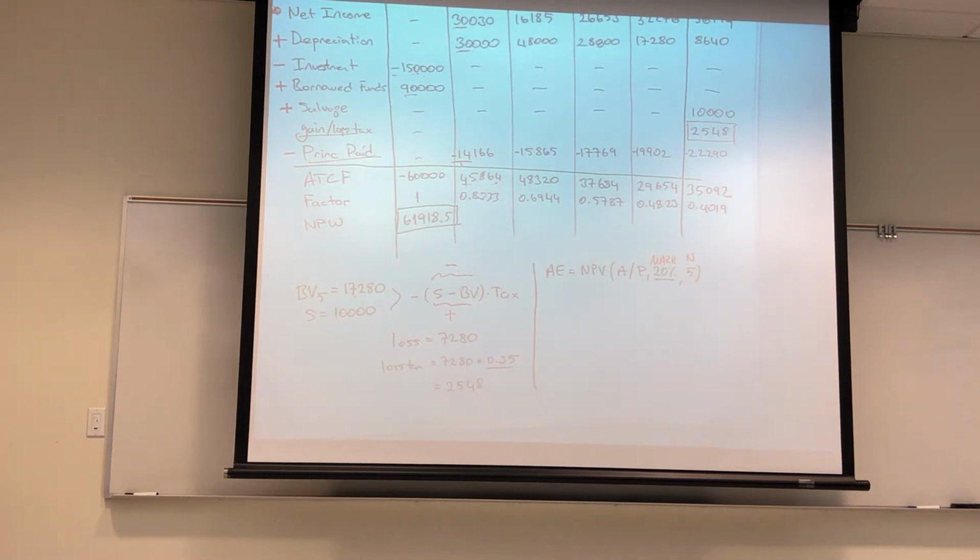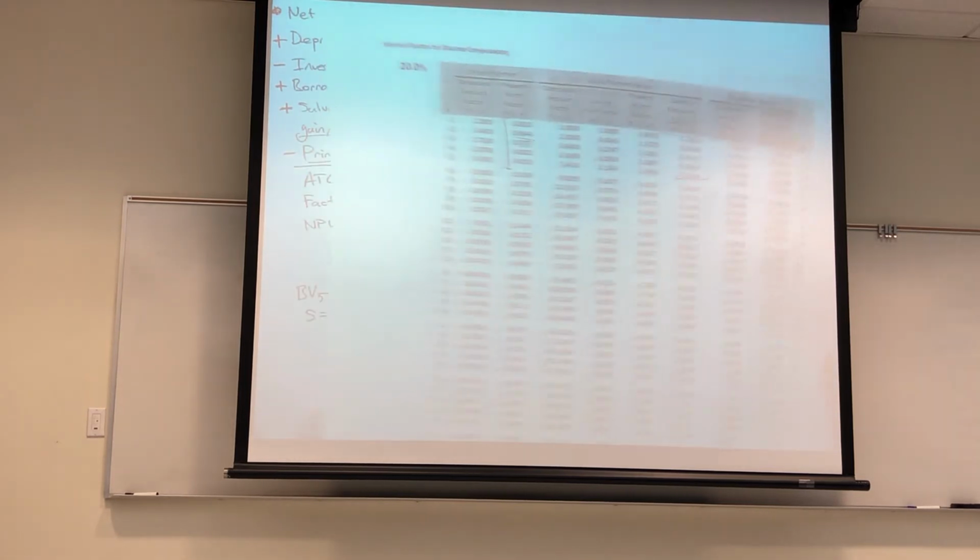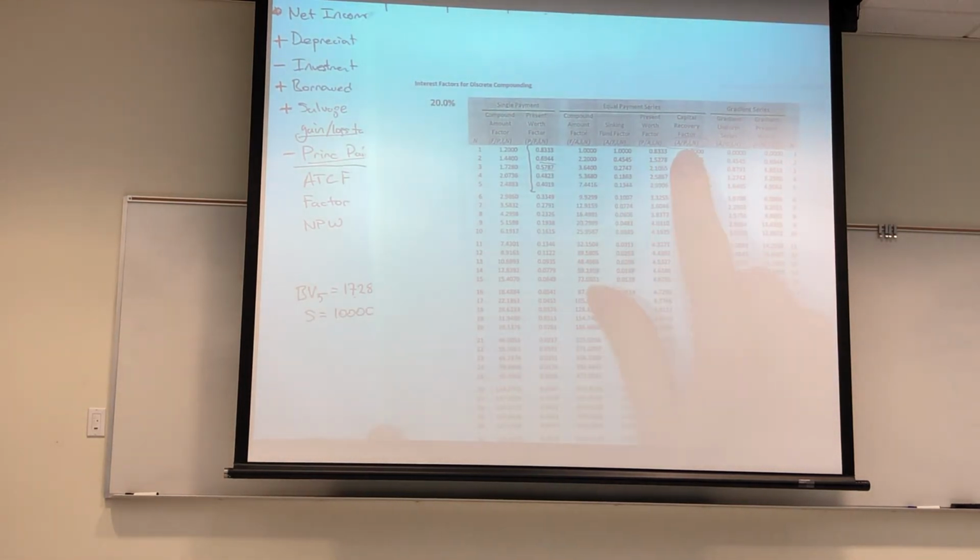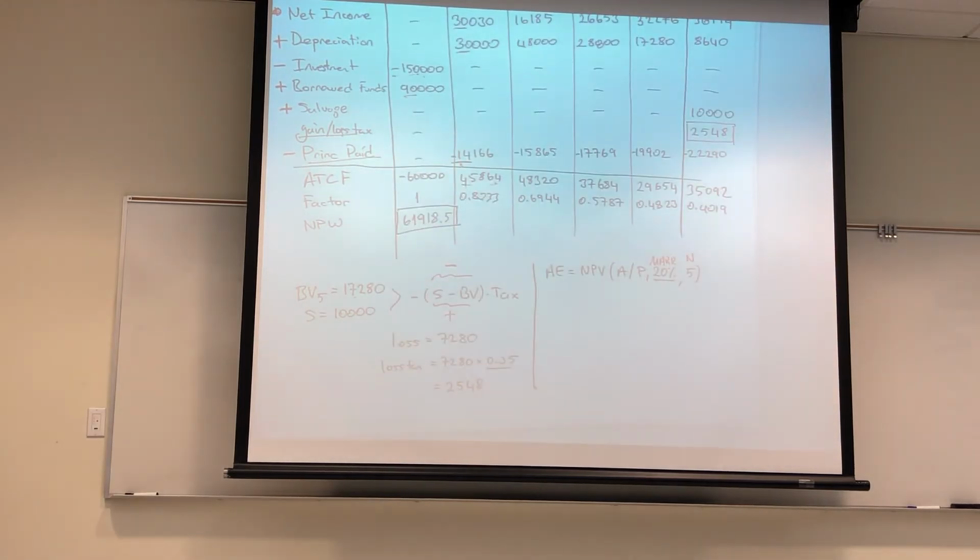And this is the end. So again, we go back to our table. We found A/P for 5 years at 20%, 0.3344. So annual equivalency will be equal to the net present worth times 0.3344.